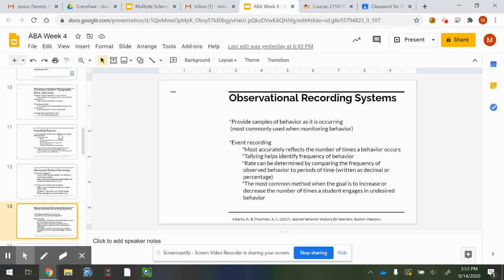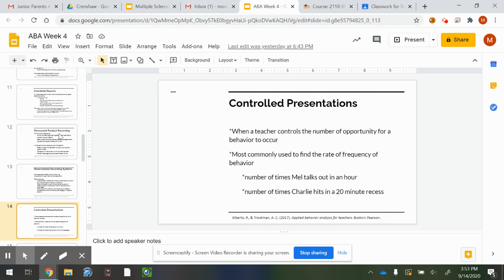This is the most common method used when the goal is to increase or decrease the number of times a student engages in undesired behavior. So you can see we can hit frequency here, we can hit rate here, whether it be in percentage or as a decimal in comparison to time. It really is probably the most common recording system for behavior.